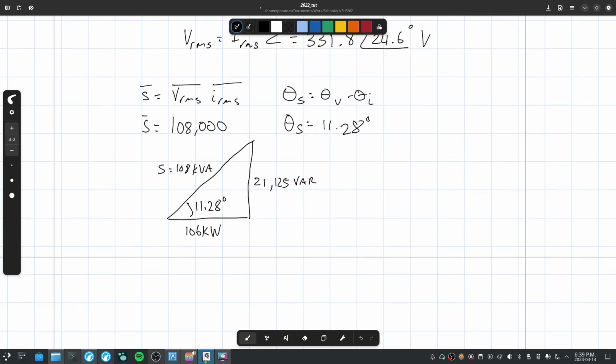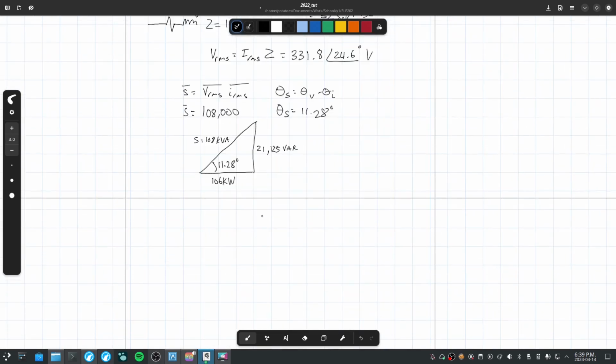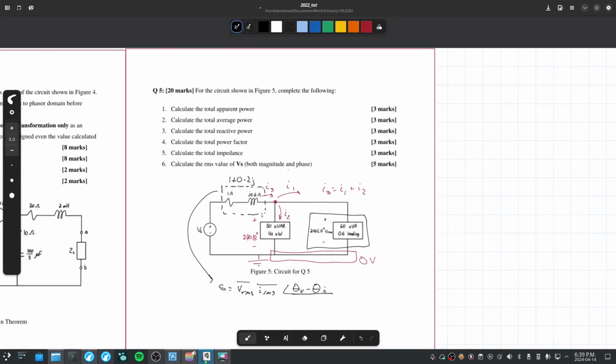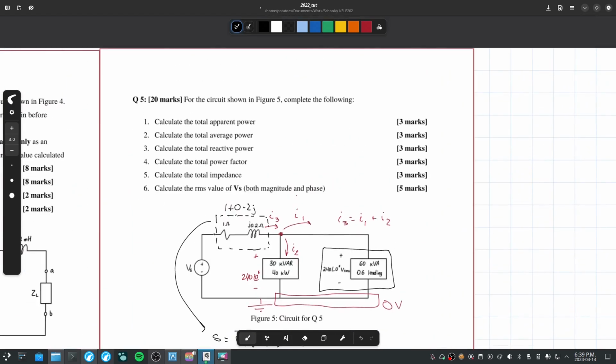You have a question? So, now in this question, we've gotten the power absorbed by all three of these. And so we know the total power running through the circuit.